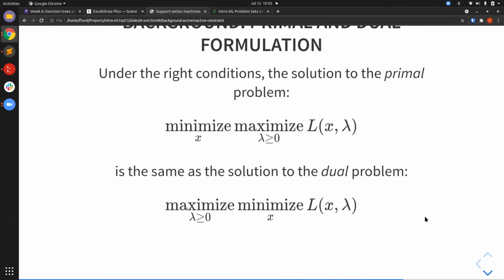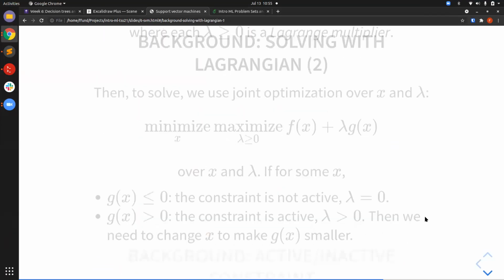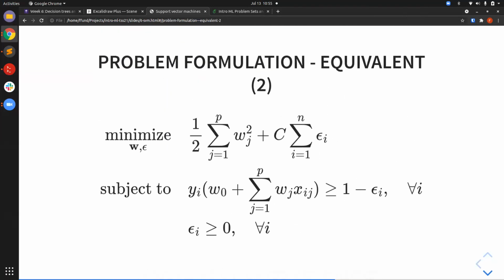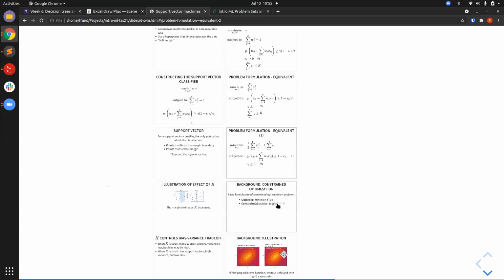So we had this expression here. And we're going to rewrite this expression. We're going to take the Lagrangian. So all of these constraints are going to be moved into the objective function, but with some Lagrange multipliers.